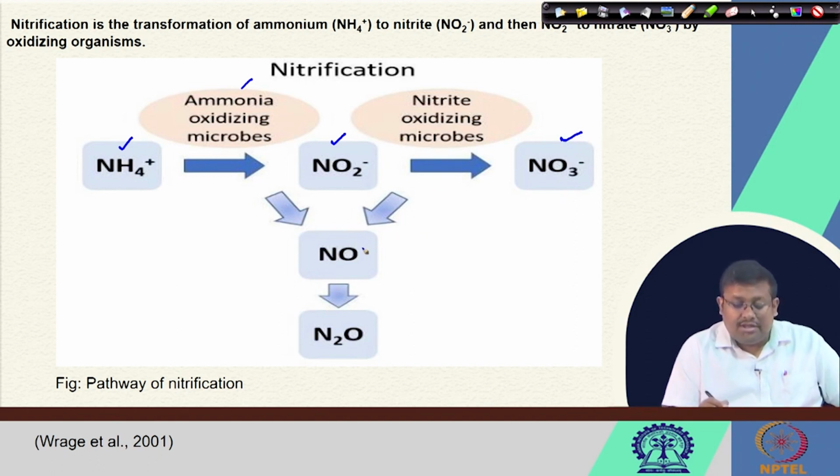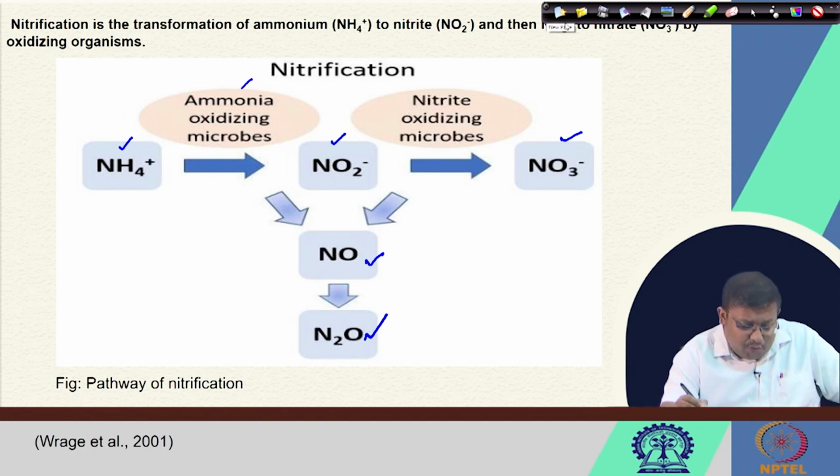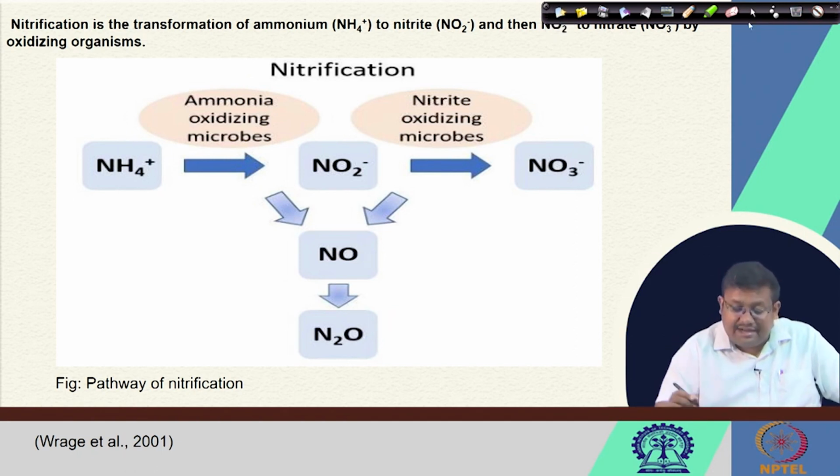From both these steps they can also produce nitric oxide gas and nitrous oxide gas, which ultimately go to the atmosphere. So, this is showing the pathway of nitrification.